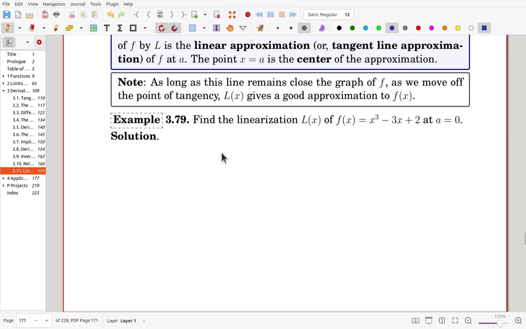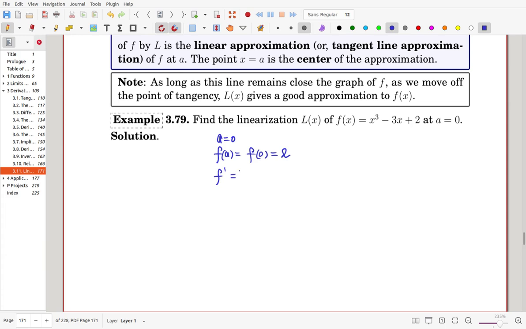Here, a is 0. Now f(0) is 2, quite easily from the definition of f. And we also have to find f prime at a.